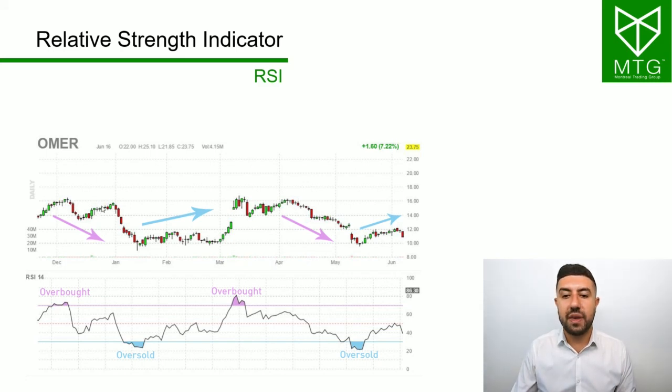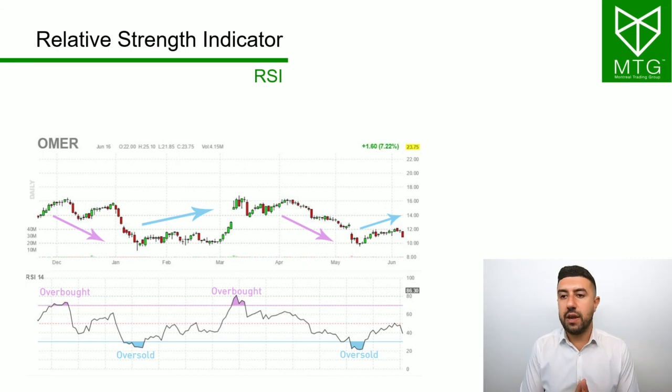So instead of buying something here as it's dropping, based on the indicator, you will wait until here and you'll buy at a better place. So you'll use the RSI to help you for entry locations, okay? But the idea of whether you want to buy or not has to be coming from something else. The RSI is just for the entry point, okay?